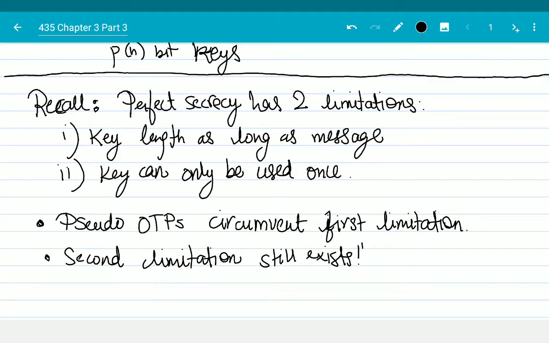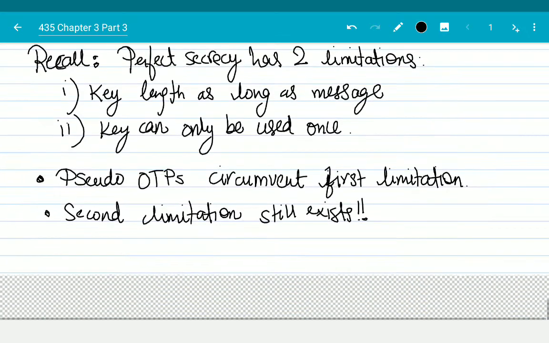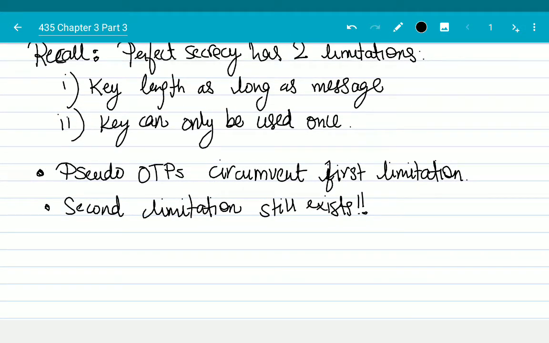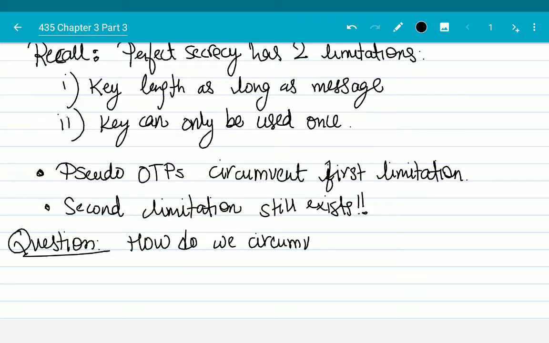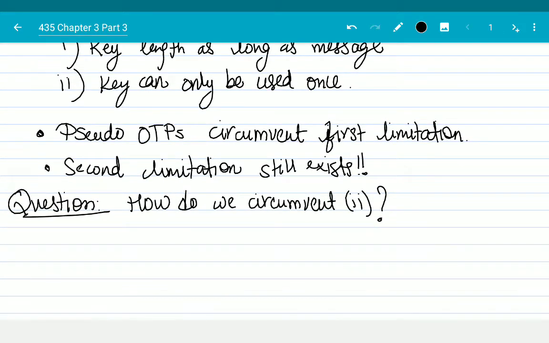So the question becomes, how do we circumvent the second one? But the problem is, if we do want to circumvent it, we need to first define what it means to be secure for these things.